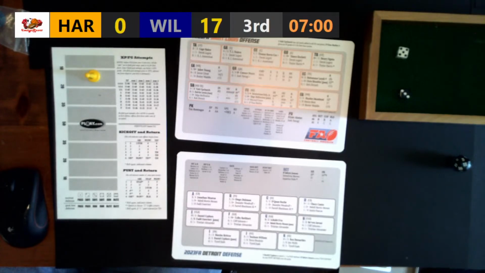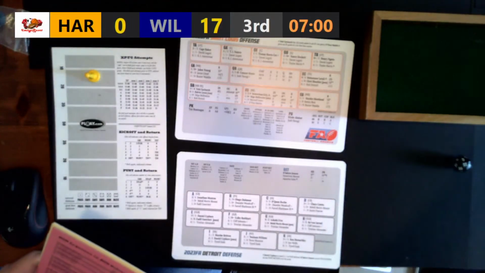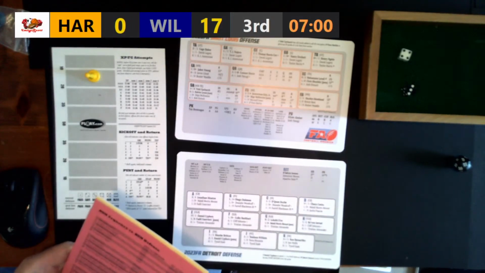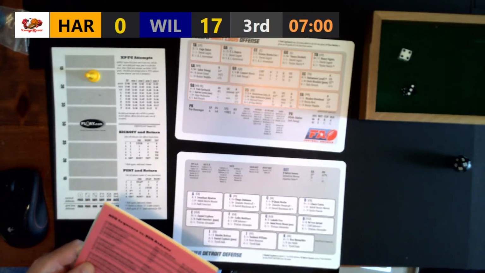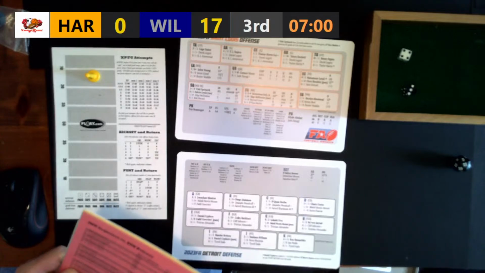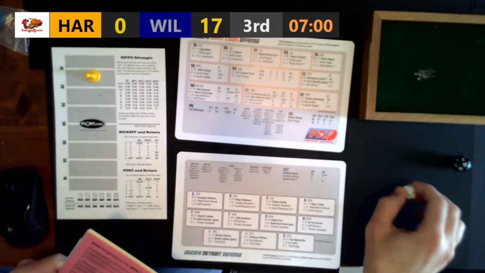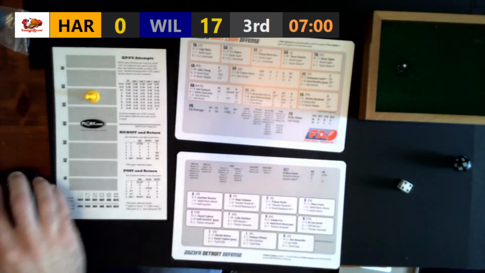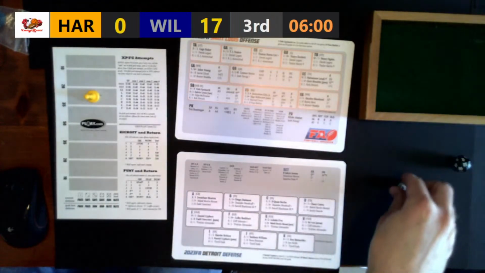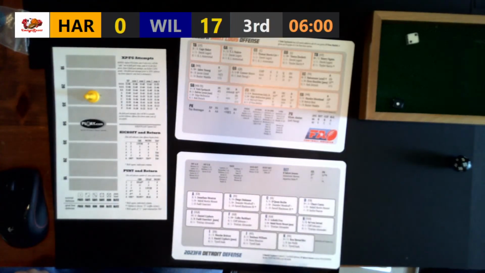And they're going to call a run again. That's their 4th straight run call, so it's going to automatically be a run defense, even though we did come up with 5 on the white die there. 34, at least one player rated run 0 in the O backfield. No, that is not the case. So Harrisburg's going to get a gain out of it, and they're going to get a first down. But they're going to get another run call.